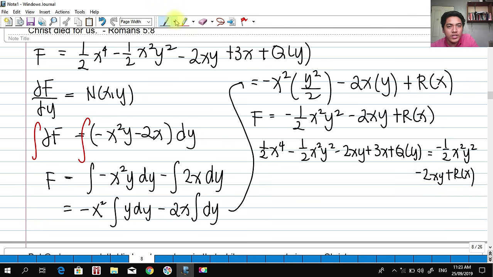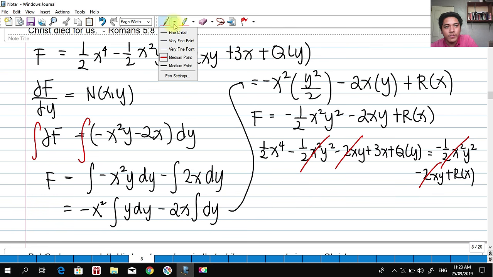Okay? So as you can see, upon simplifying, we can cancel out some terms. We have negative 1/2 x squared y squared here and here. So we can also cancel out negative 2xy and negative 2xy here.